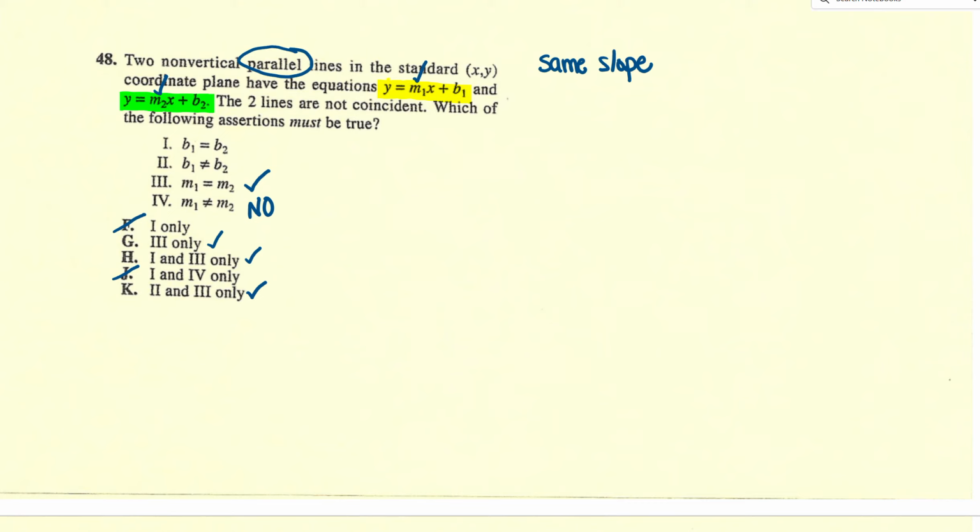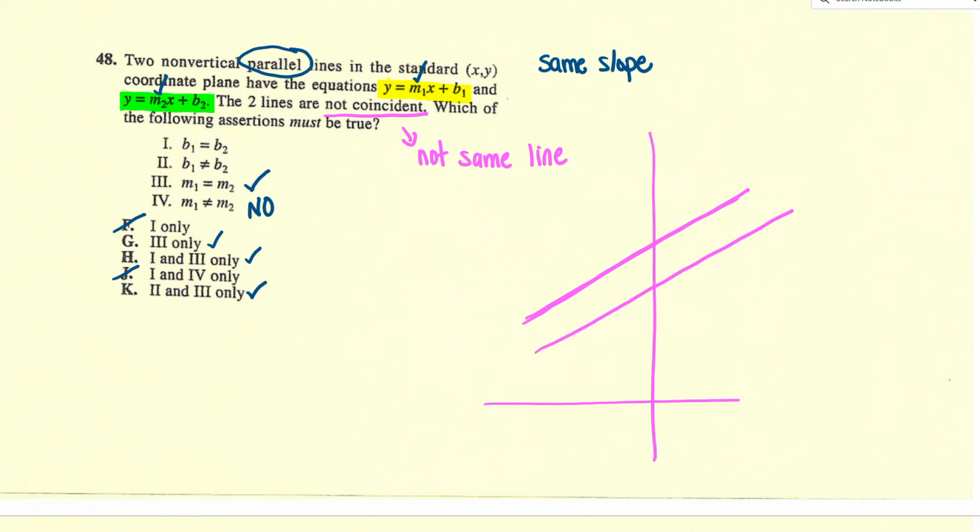All right, now it says they're not coincident. That means they're not the same line. In other words, it's not the line on top of itself. They're two separate parallel lines. Well, if I think about my y-axis and my y-intercept, it's got to have two separate y-intercepts because it's not the same line on top of itself.